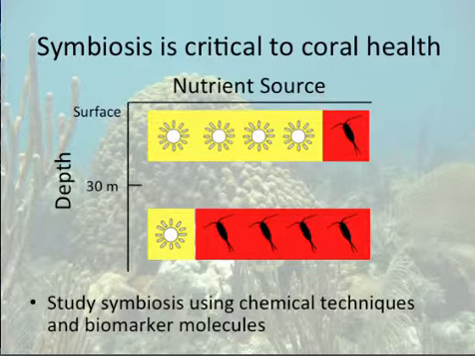In shallow surface waters, in shallow habitats, corals are able to get all of their nutrients from this translocation from photosynthetic symbionts. So at the surface, as the figure shows, almost all of the nutrients come from photosynthesis and only a small amount come from feeding.